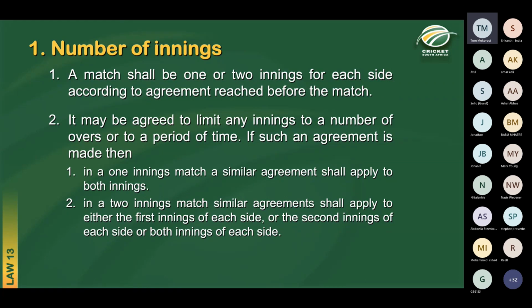And here, according to law, both innings were unrestricted. Okay, so that rule applied to both innings. In the first innings, they were 60 overs max, and in the second innings, there were unlimited overs that either side could bat for.